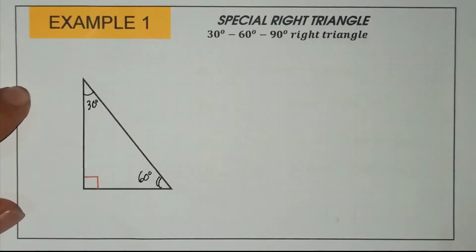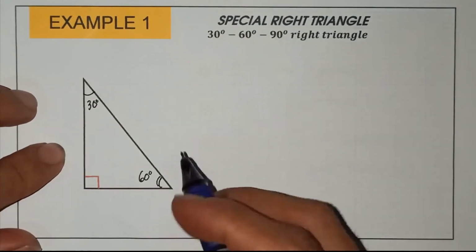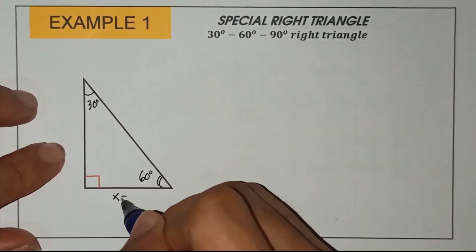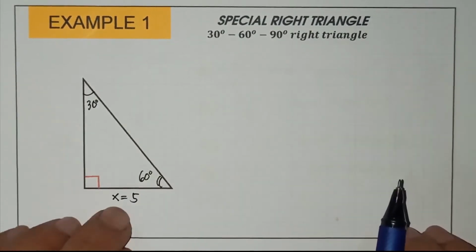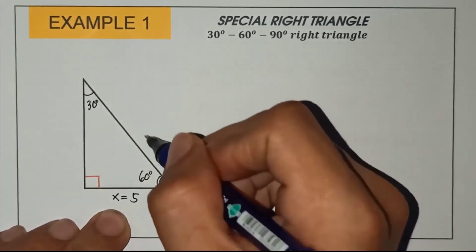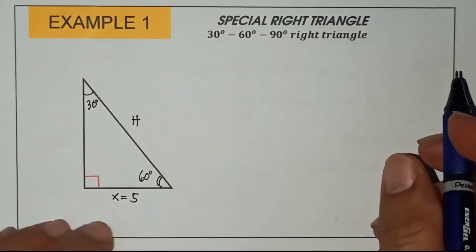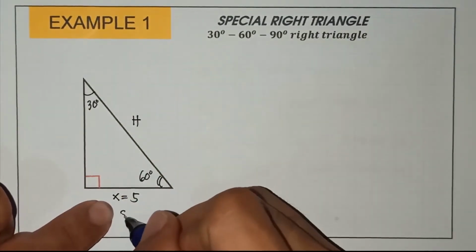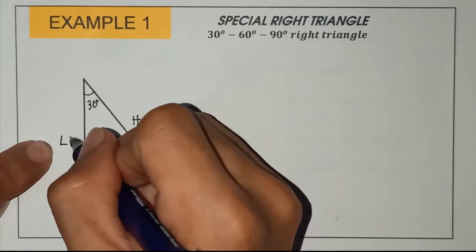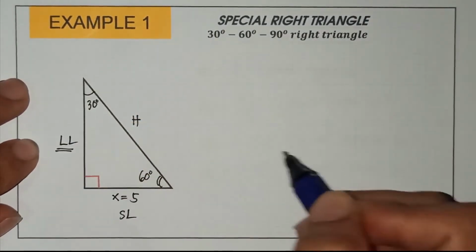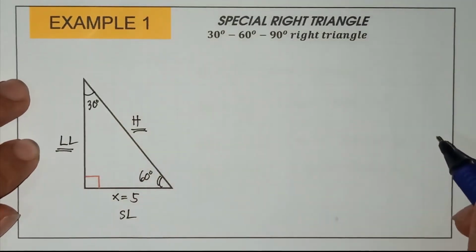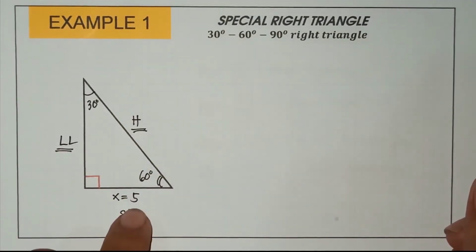Let's have this example. Let's say x is equal to 5. We need to find the longer leg and the hypotenuse, given the shorter leg, which is 5.